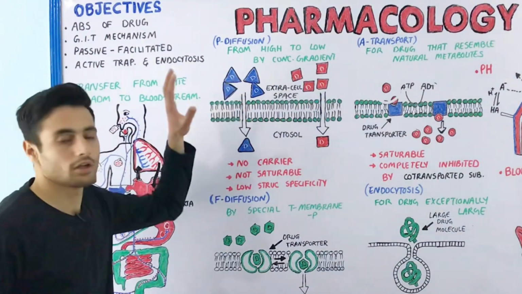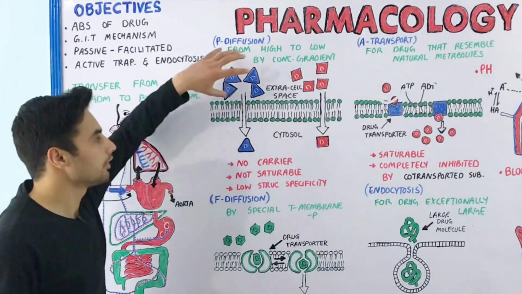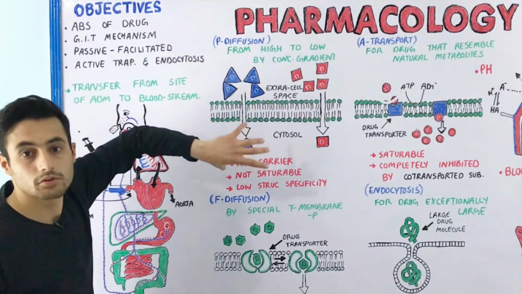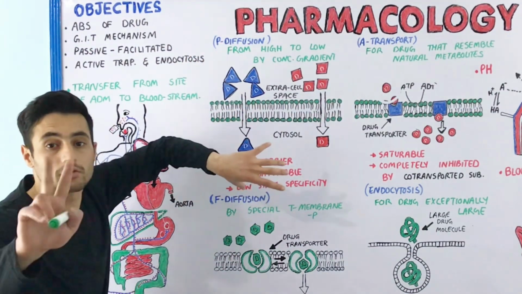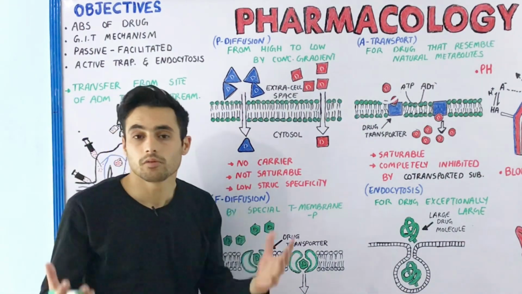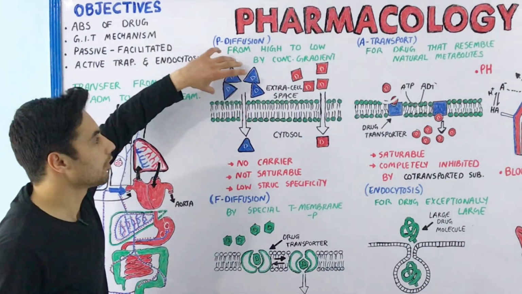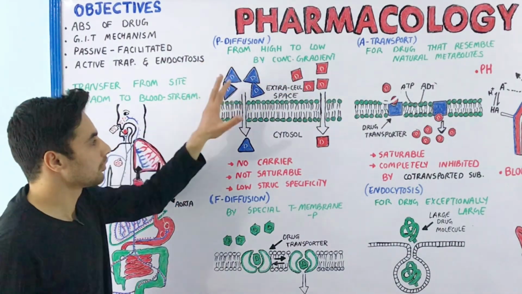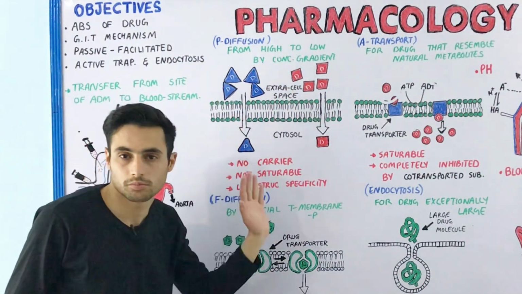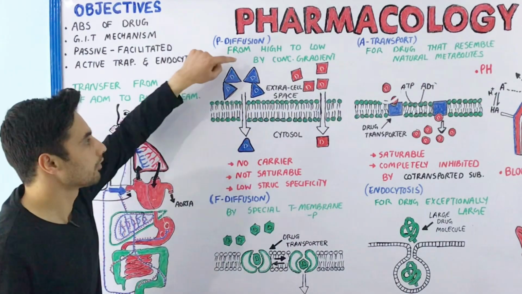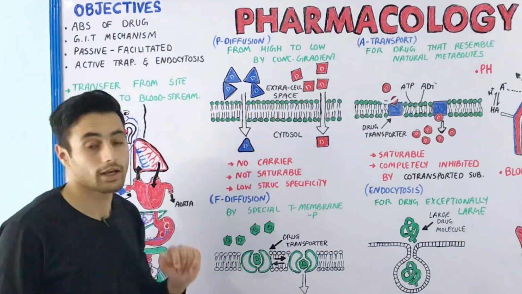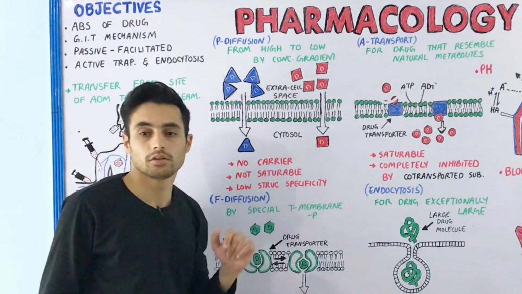The passive diffusion, in very simple words, is the transfer of the drug from high concentration towards the low concentration. Now, there are two major types of drug which involve the passive diffusion: the water-soluble drugs and the lipid-soluble drugs. The water-soluble drug will pass through the aqueous pore or the aqueous channel from high concentration towards the low concentration, from the extracellular space towards the cytosol.